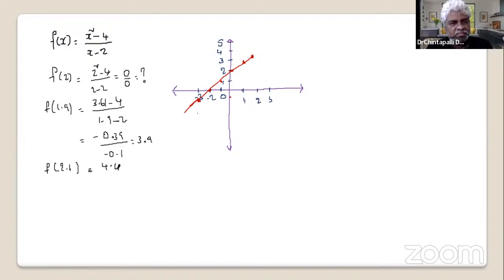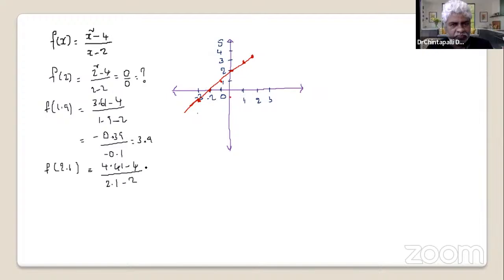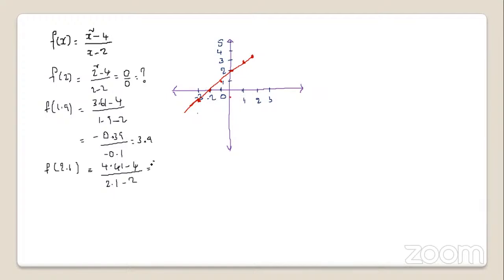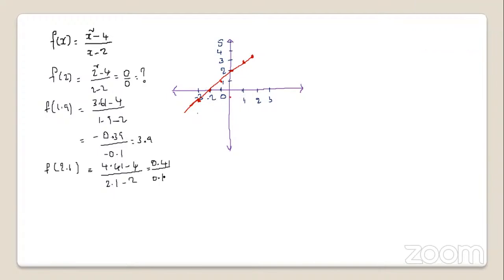2.1 squared is 4.41, minus 4, divided by 2.1 minus 2. 4.41 minus 4 means how much? 0.41. 0.41 by 0.1 gives 4.1.